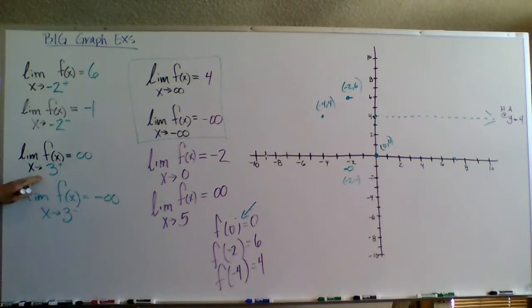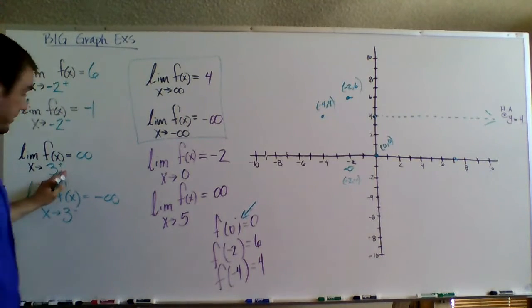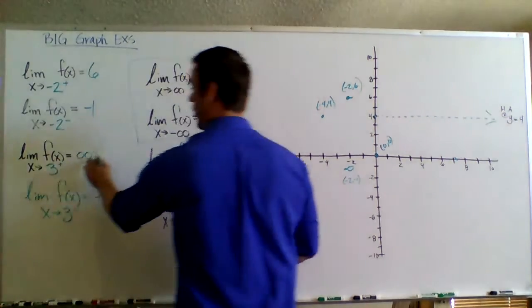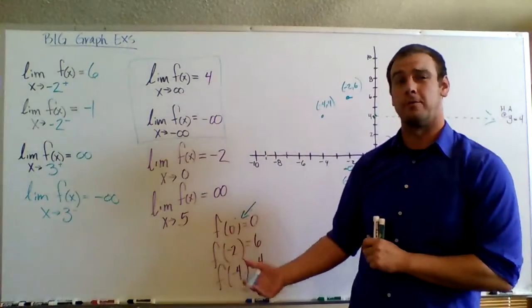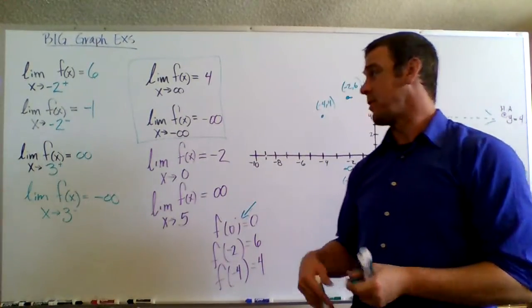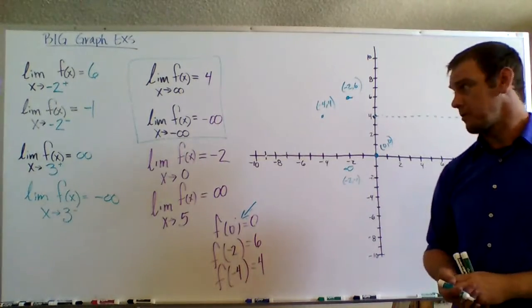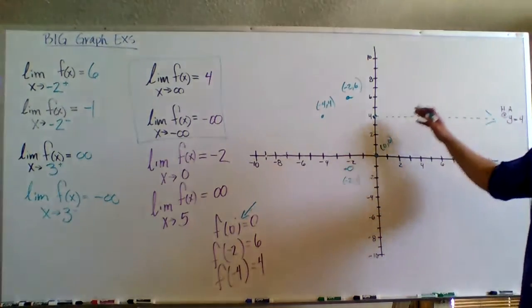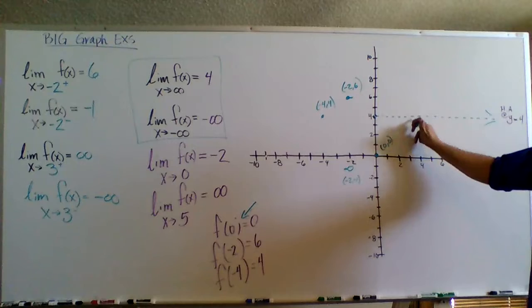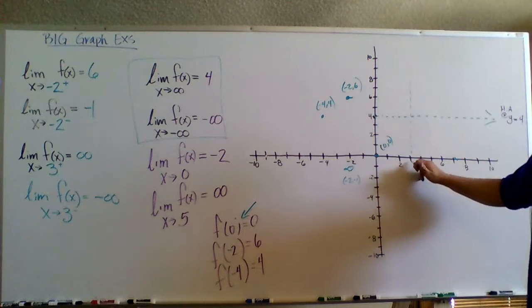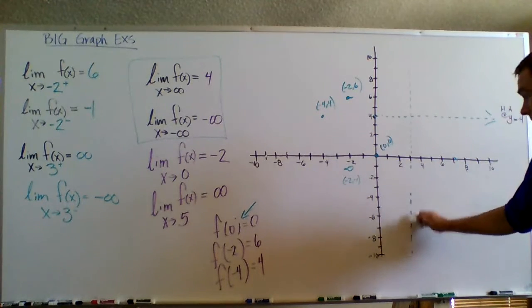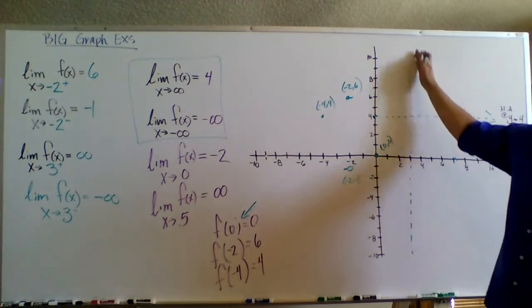All right, so here as x approaches 3 from the right, y is going to be getting closer and closer to infinity. All right, so that's really going to be a vertical asymptote. So at x equals 3, as we approach this from the right side, my y value is going to be getting higher and higher.